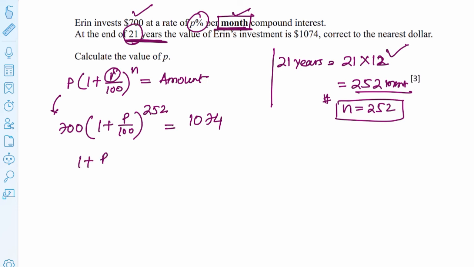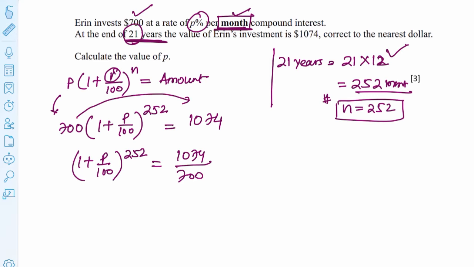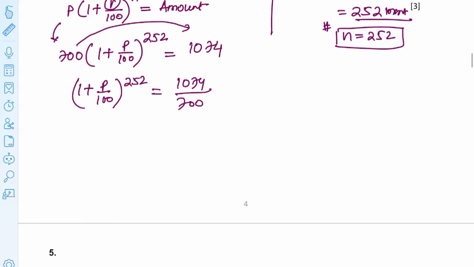So (1 plus p over 100) power 252 equals 1074 over 700, because when I move this 700 to the other side, it will be divided. Got it clearly? Okay, so now to remove this power, I will take the 252nd root of 1074 over 700.